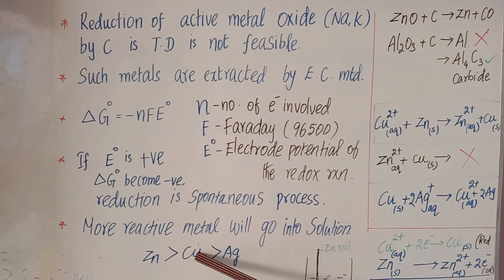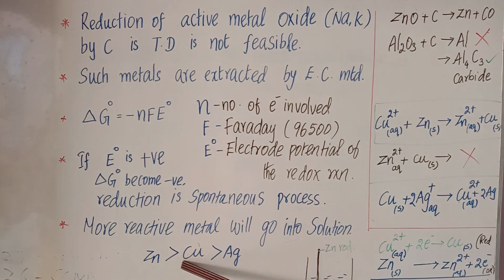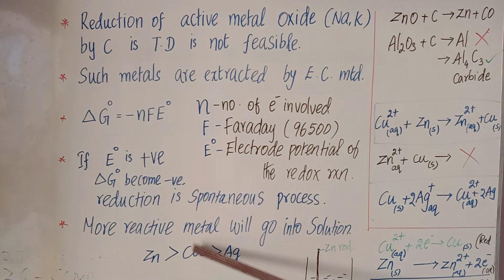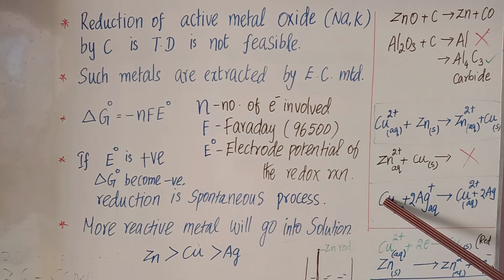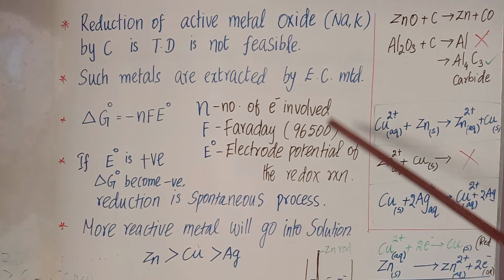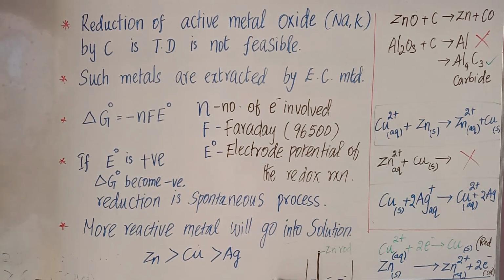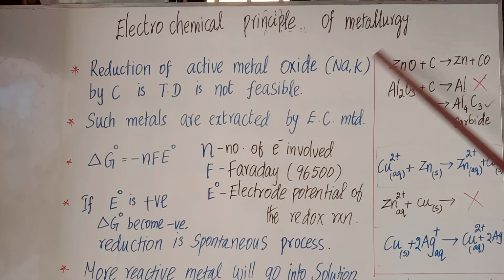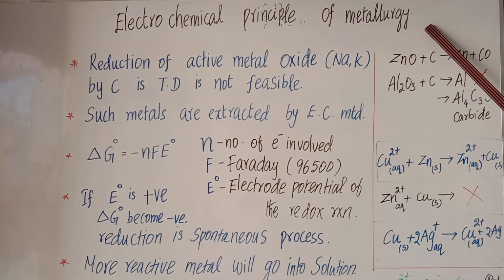Copper is more reactive than Ag. So this more reactive metal will go into solution. So Cu will go into solution and silver will be deposited. These are the electrochemical principles of metallurgy. This is asked in 5 mark questions.